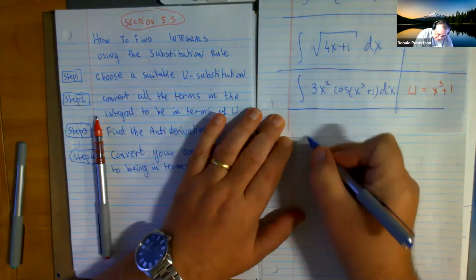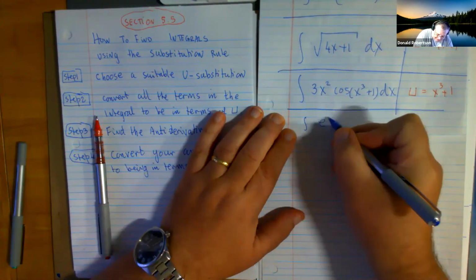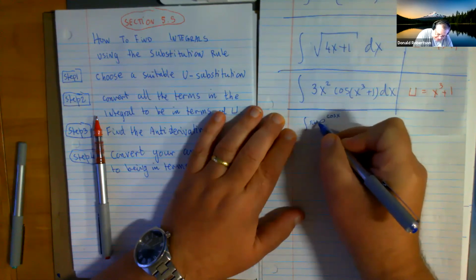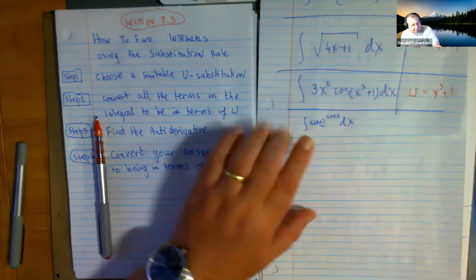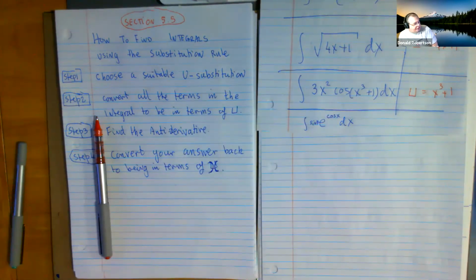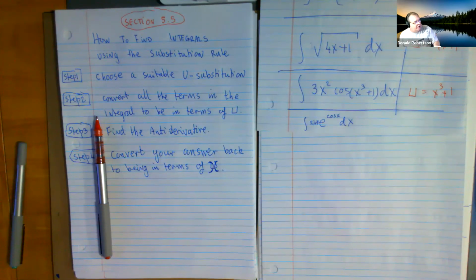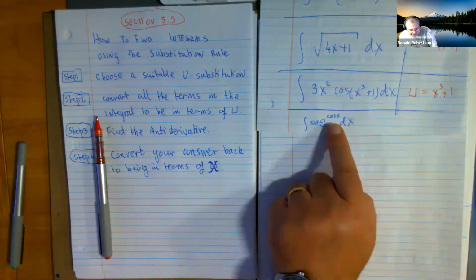What about e to the ugly guy? See if it's not an x, to me, that's what I call the ugly guy, right? E to the x is e to the x. E to the sine x is e to the ugly guy, right? If you're wondering what the ugly guy means, it's just a name, right? Here we have an e to the ugly guy.